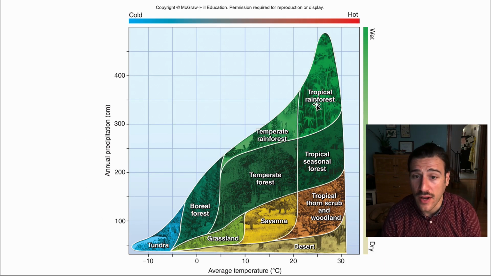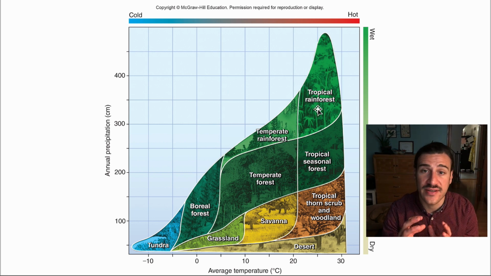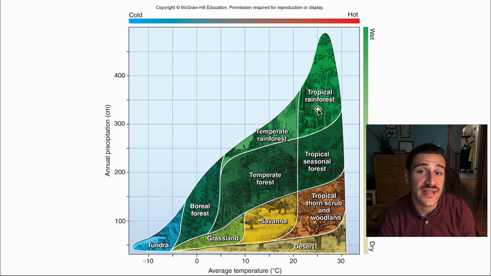This figure, again, more review. We have tropical rainforests that have the highest precipitation of all the other biomes and relatively warm temperatures because most of these tropical rainforests are near the equator. So they get a lot of incoming sunlight throughout the year. Doesn't matter how the earth is tilting, the equator is always going to have the highest amounts of incoming solar radiation.